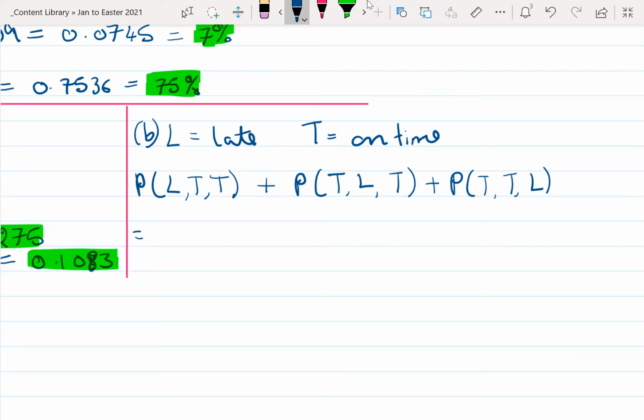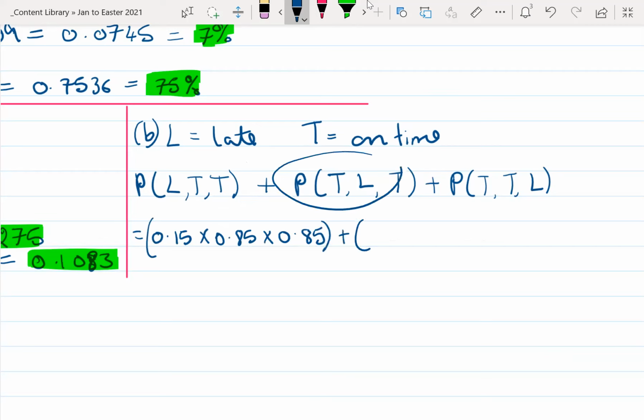Okay, let's work this out then. The probability of being late, remember, is 0.15, and means multiply, being on time the second day and being on time the third day. Plus, now we're on to this bit. What about the probability of being on time the first day, and, and means multiply, late on the second day and on time the third day.